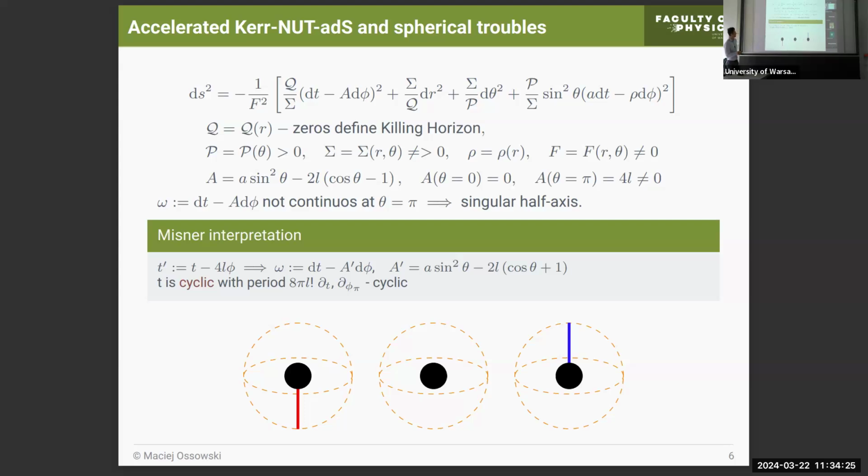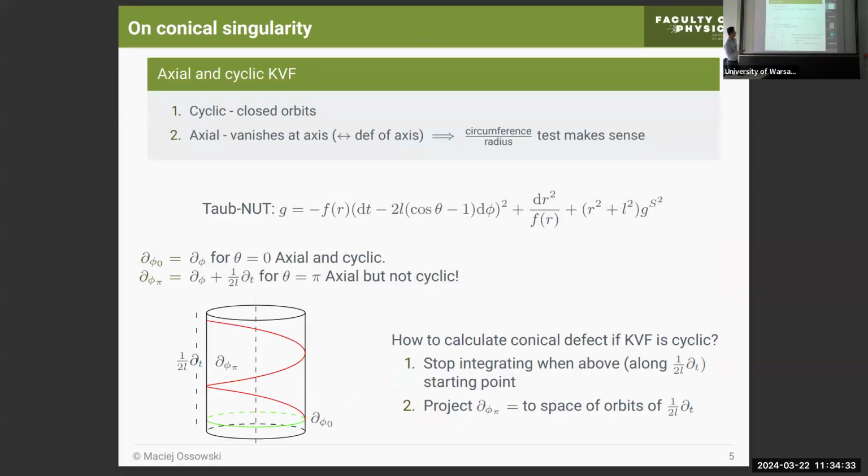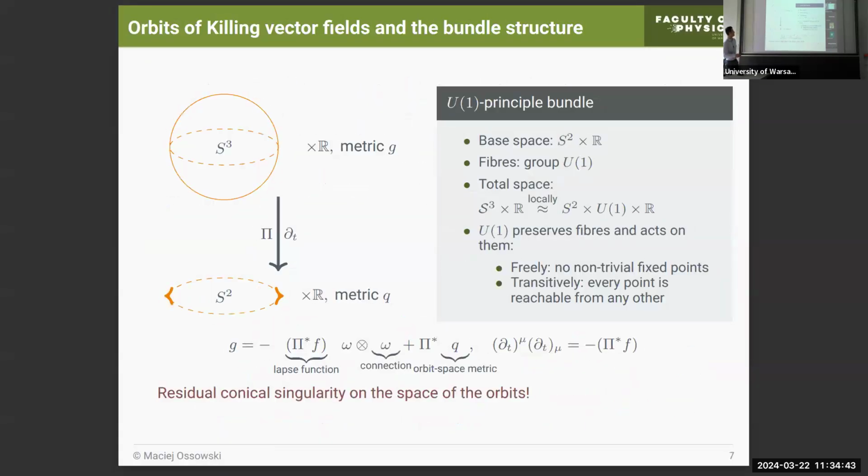And this is exactly the model of the U1 symmetry that appears throughout this presentation. Okay, so maybe the other thing that it does is that if T is cyclic, then this Killing vector field also is not only axial but cyclic. So this is also like an additional benefit.